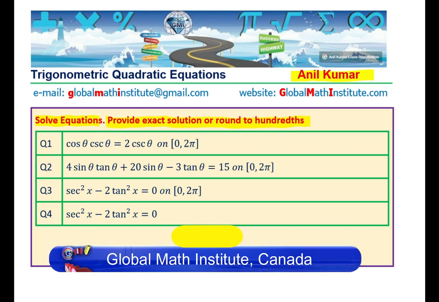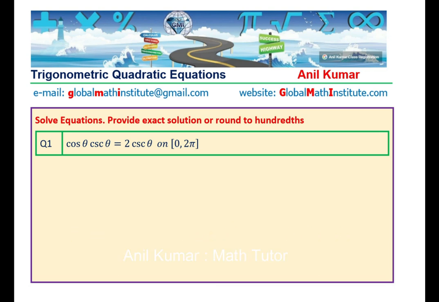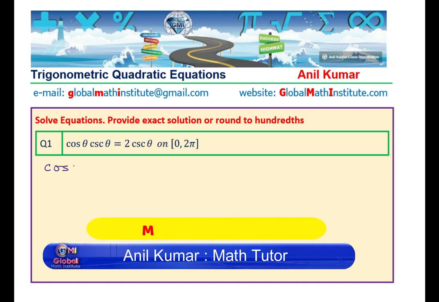Let's begin with the very first question, which is cos theta cosecant theta equals 2 cosecant theta. Let's rewrite the equation. Cos theta cosecant theta equals 2 cosecant theta.